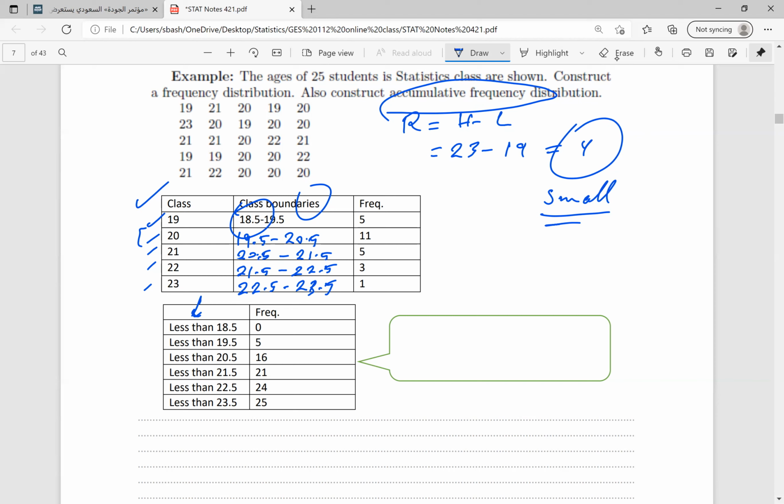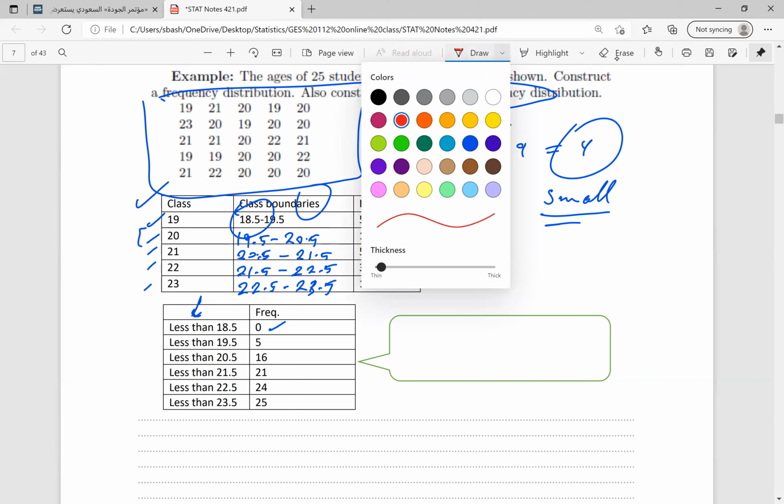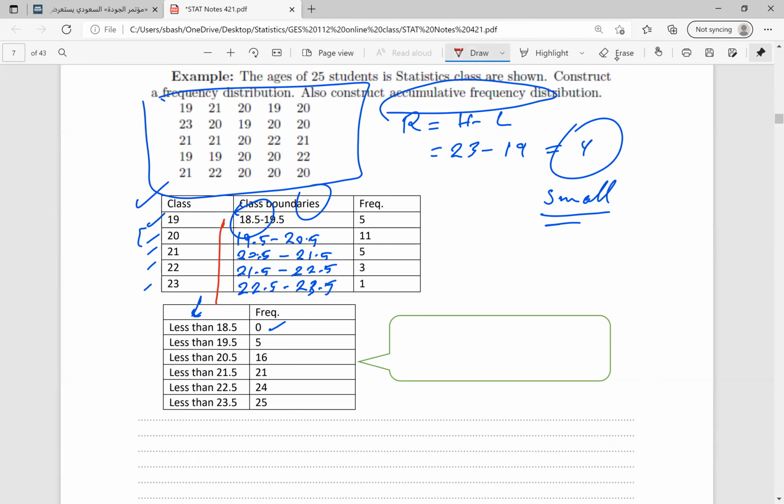And you can see in the data there is no age less than 18.5, so it is 0. Next one, take 19.5. So we are moving in this way. We are taking the lower limits plus the last one in the first column. So it is less than 18.5, less than 19.5, less than 20.5, 21.5, 22.5, and 23.5.